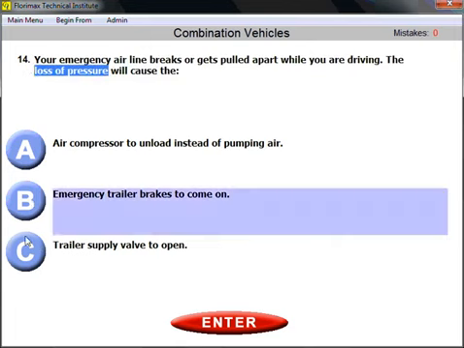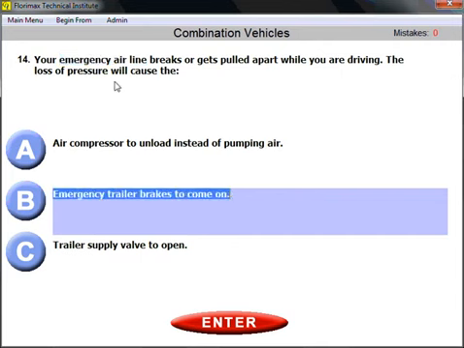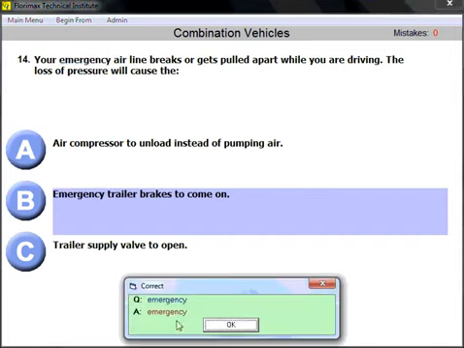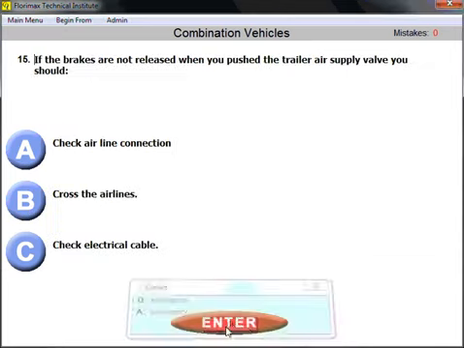That's why your emergency airline is called the emergency: when something happens to the pressure in the emergency line, it causes the emergency trailer brakes to come on. Emergency here in the question will help you to identify the right choice. Emergency line, emergency brakes. Remember.